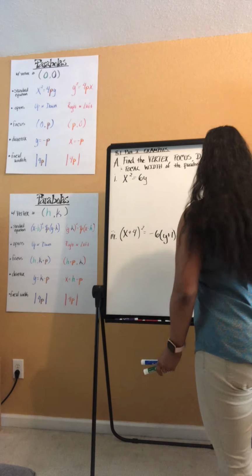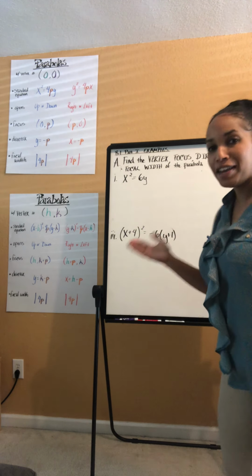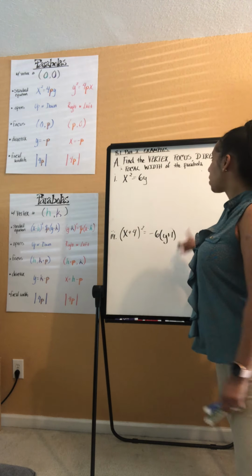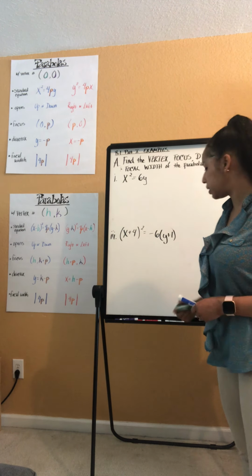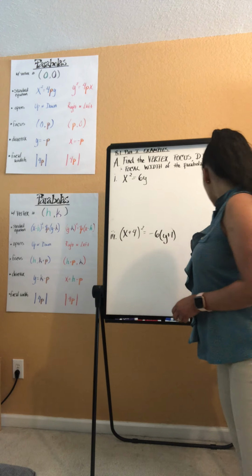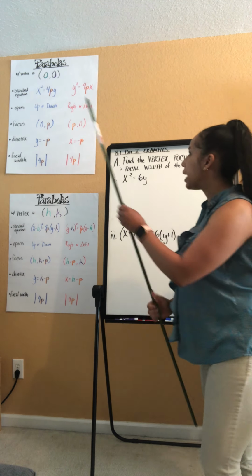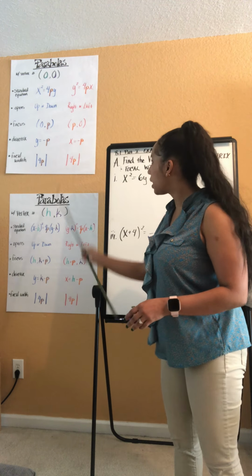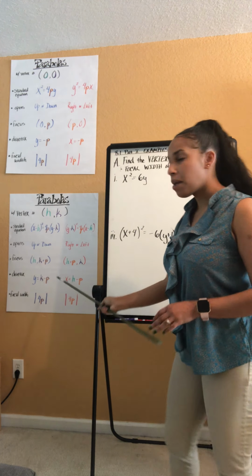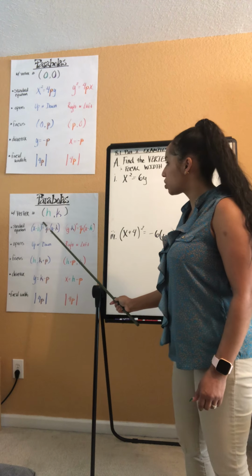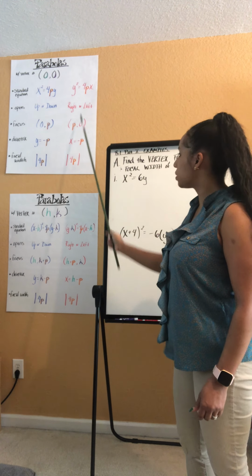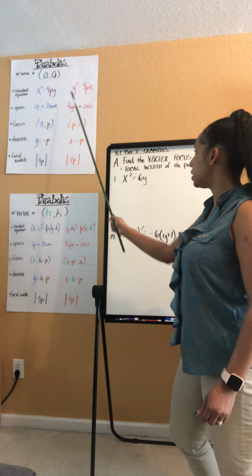Okay. So, again, on example A, 8.1, we want to find the vertex, focus, directrix, and focal width of the parabola. Do you notice I have a blue side and I have a red side, okay? My blue side are the ones that start with x squared. And then my red side starts with y squared. We're going to start on the top sheet.